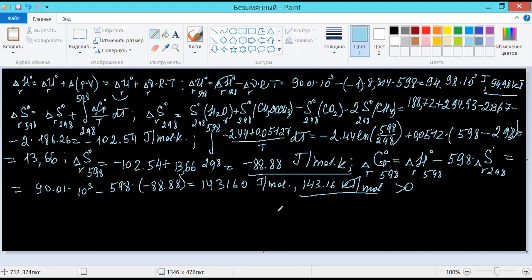And also, they want us to calculate the change in Helmholtz energy. Okay, we can do it using this well-known formula.